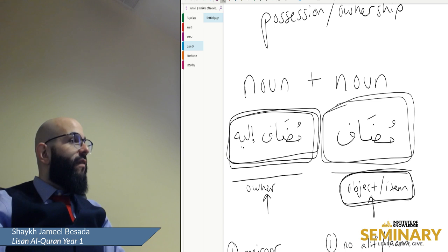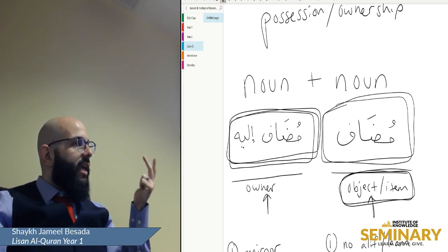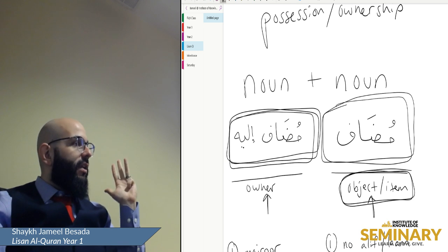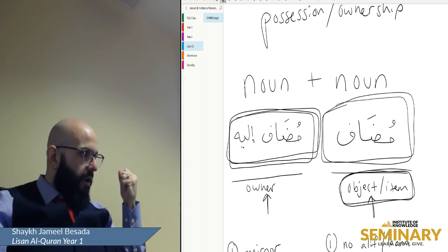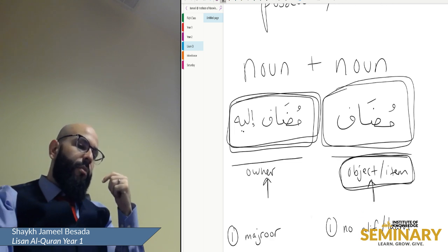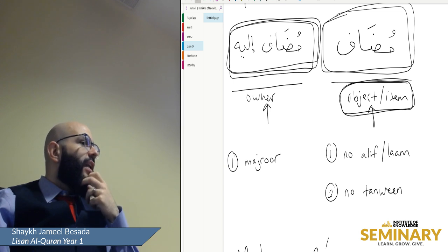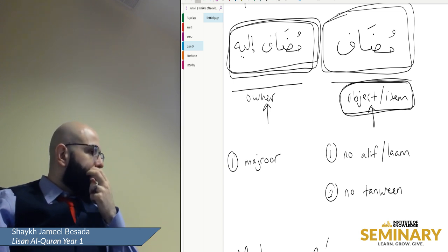Okay? Remember sifa mawsuf, we had how many conditions? 4. What were they? They have to match in gender, quantity, state, and definiteness. Okay? So we had 4. For here, the mudaf will have 2 conditions, and the mudaf ilayhi will have 1 condition.